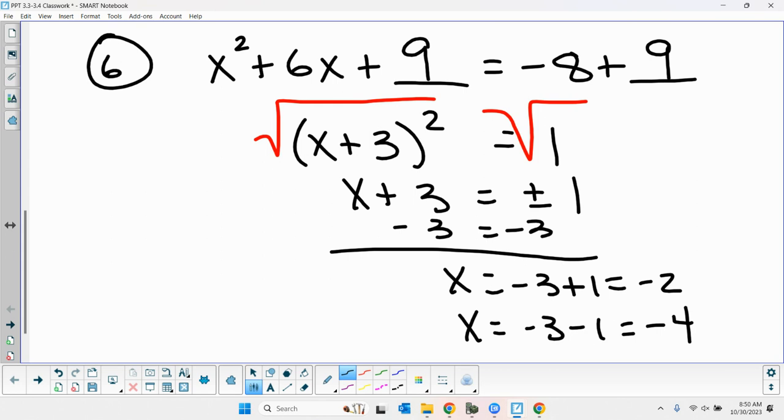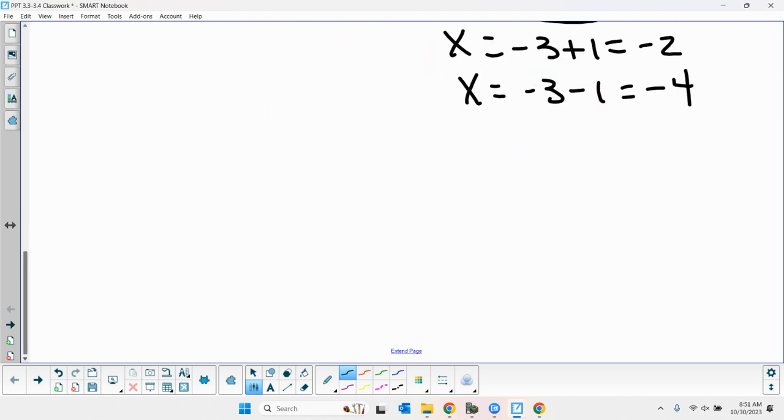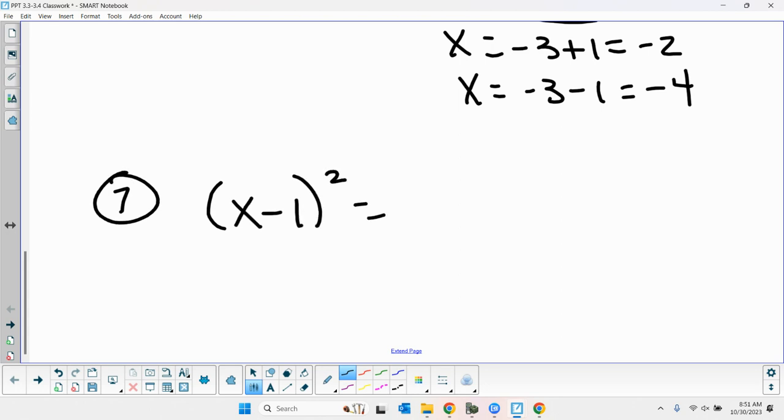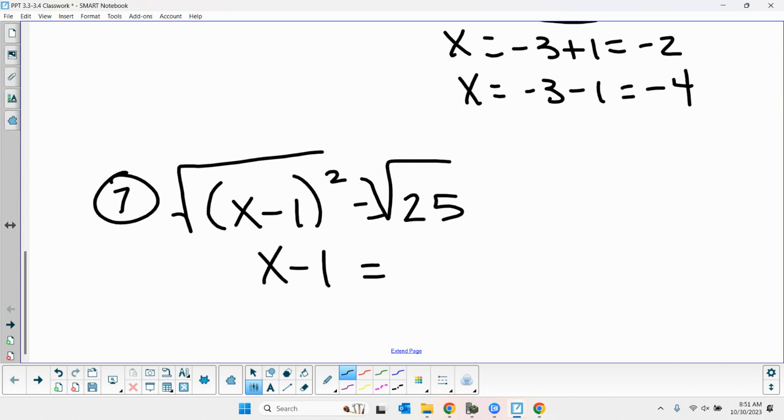I have the square root of x minus 1 squared equals the square root of 25. Good, that's correct. So you get to this part, and then square root. So you get x minus 1 is what, Sam?